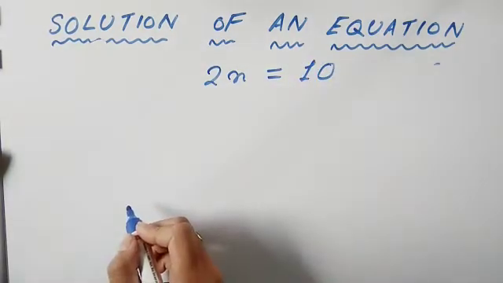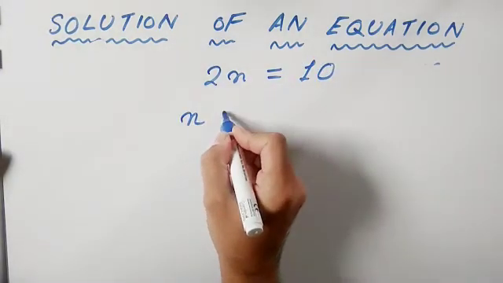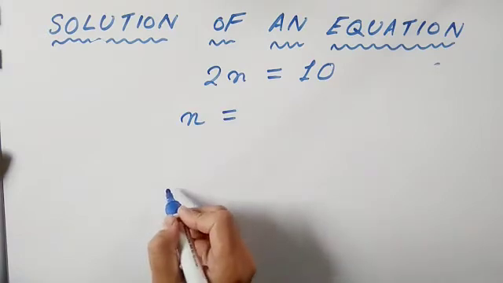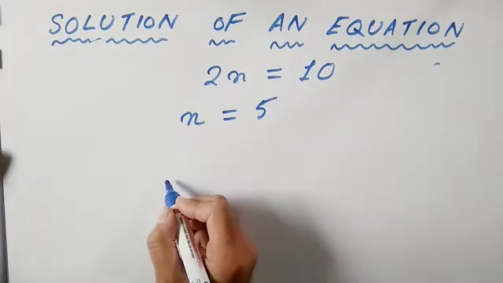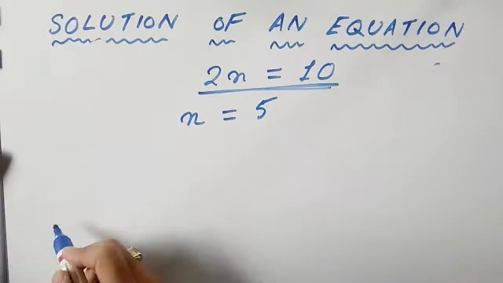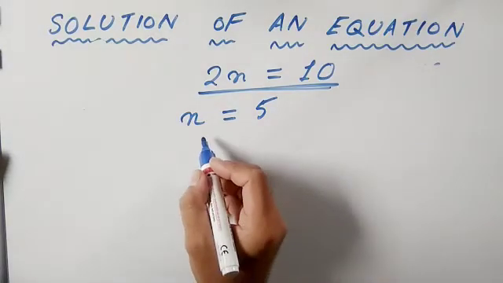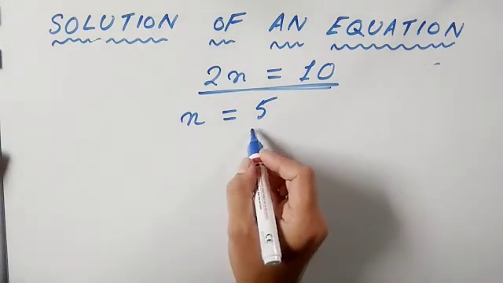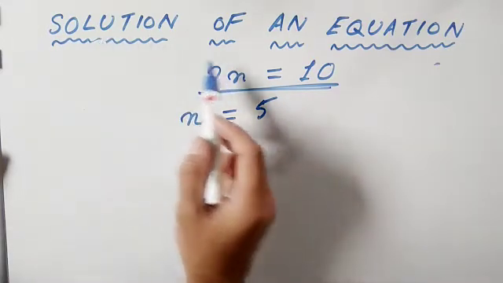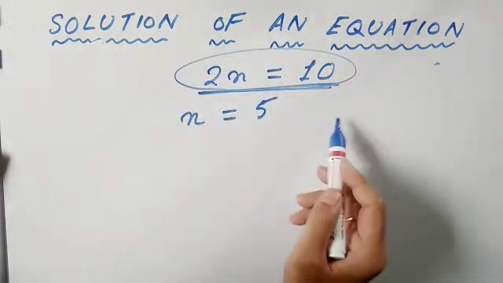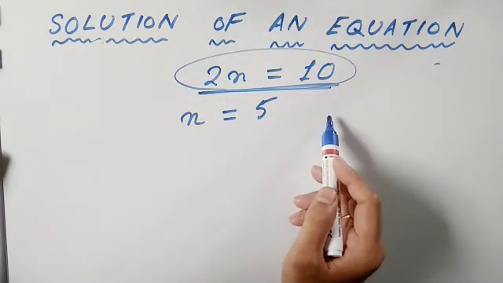We know that when the value of the variable n is taken to be 5, it satisfies the given equation, right? So n equals 5 becomes the solution of the equation twice n equals 10.